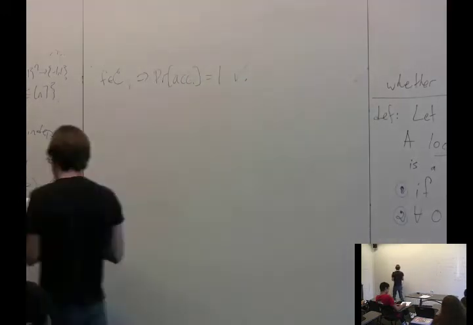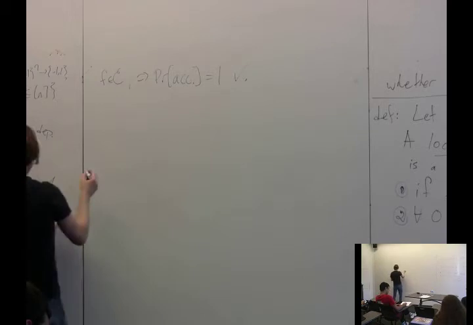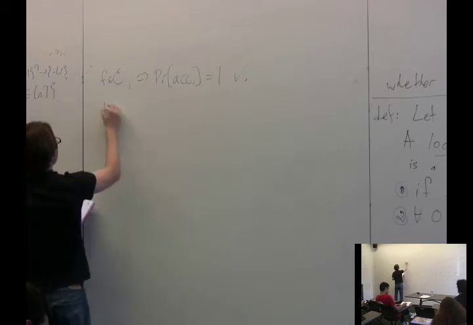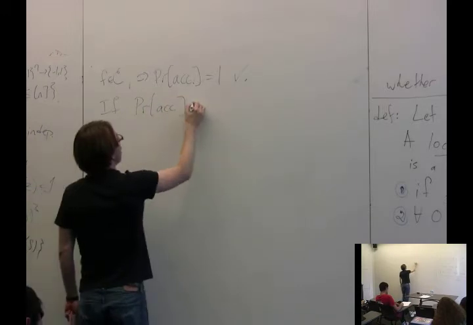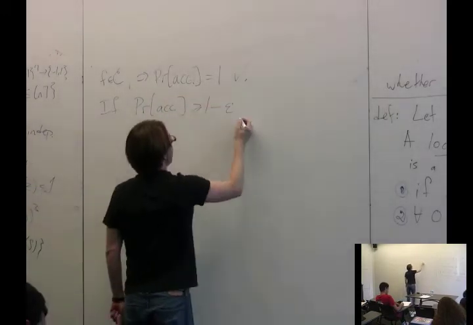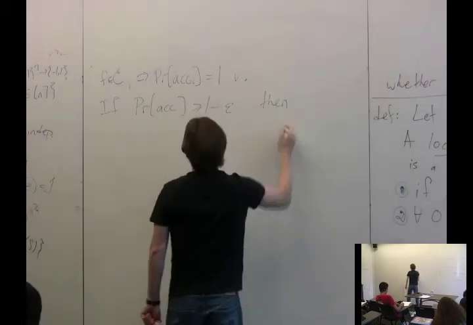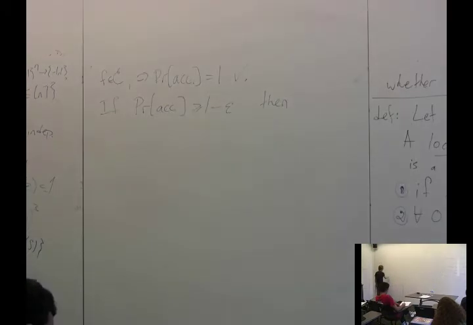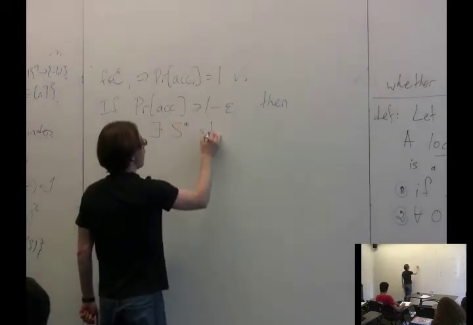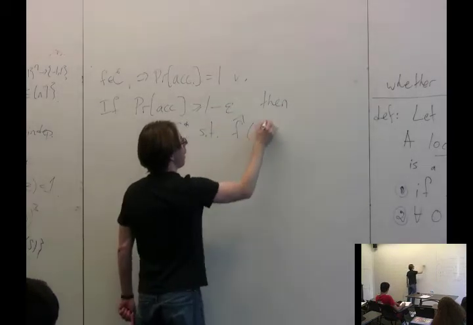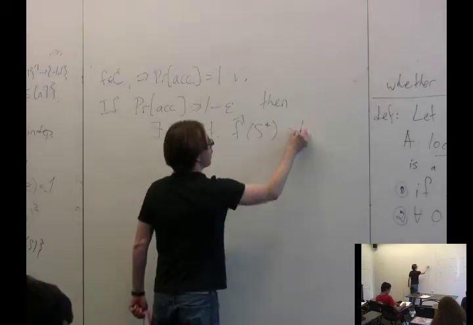And conversely, if the probability of acceptance is at least 1 minus epsilon, then this thing has to be at least 1 minus epsilon, which means that there has to exist some s star such that f hat(s star) is at least 1 minus 2 epsilon.